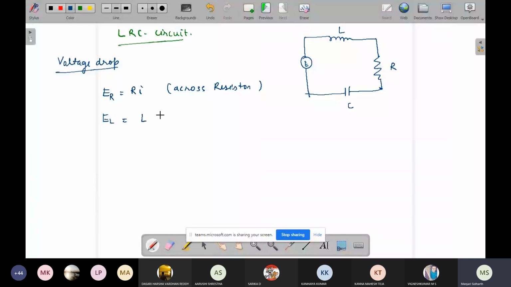So this is the inductance constant L times di by dt. So this is across inductor. Now again across capacitor, EC.